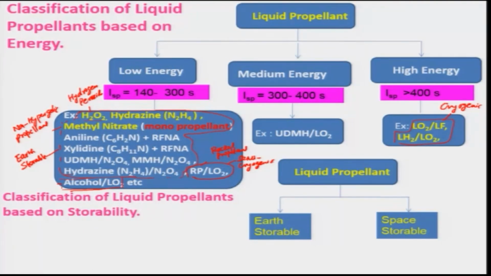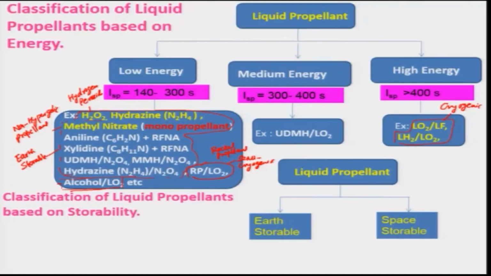So, it can be easily stored on the earth, whereas for the semi cryogenic propellant, one has to provide insulation and a vent, so that if some of the propellant vaporizes, it can escape without causing any explosion or other mishap.